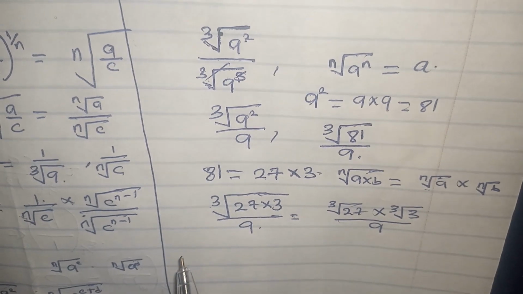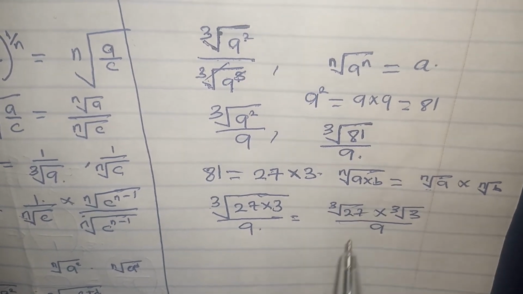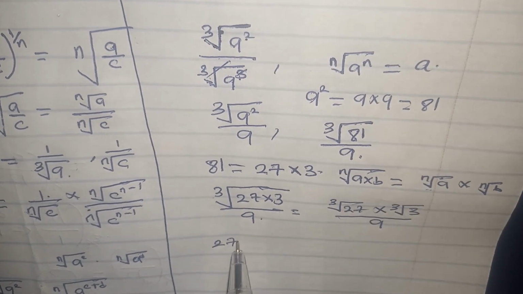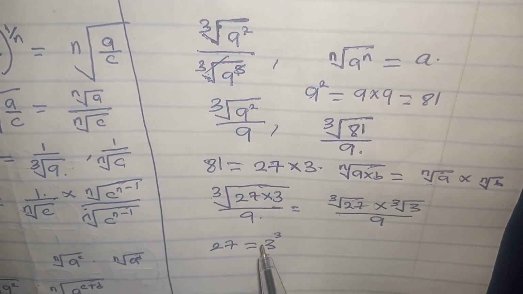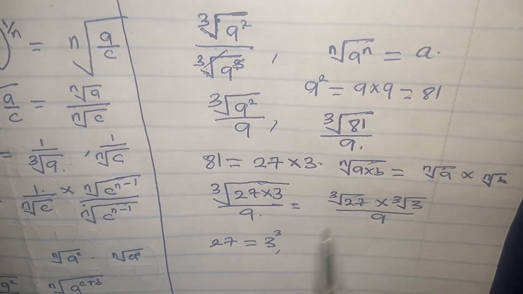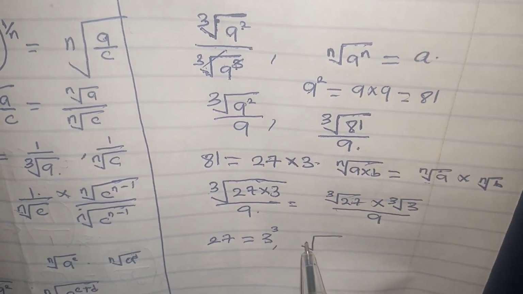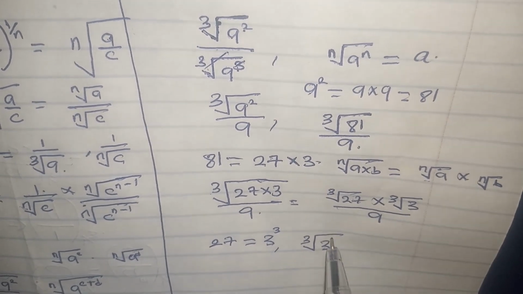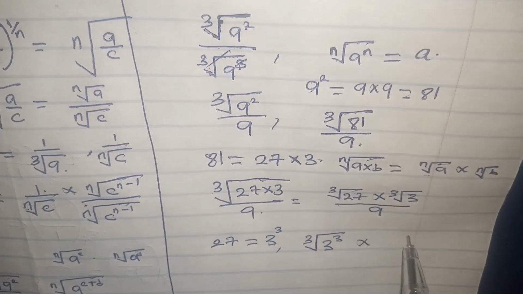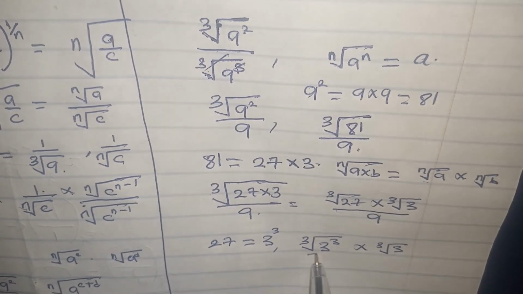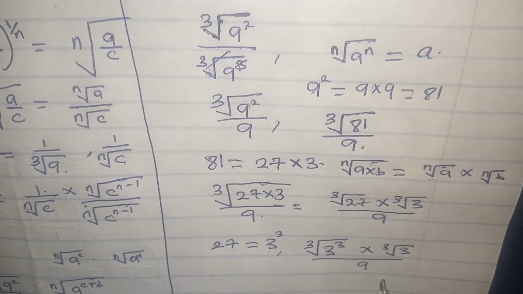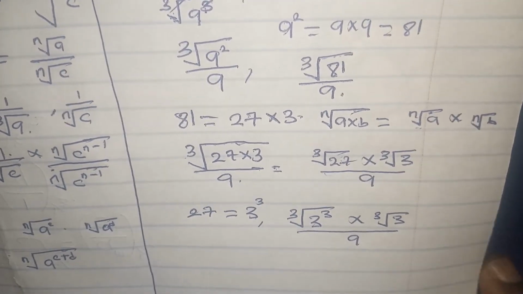Okay, so we can write 27 is also equals to 3 to the power of 3. So from here we'll put this here, so we can say the cube root of 3 to the power of 3, times the cube root of 3, divided by 9. Okay, so this is what we are now having.